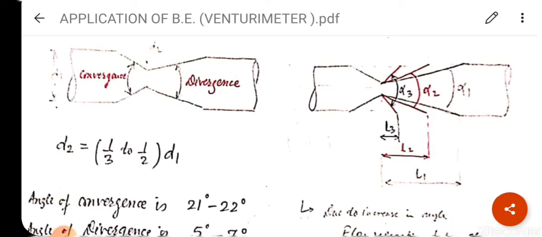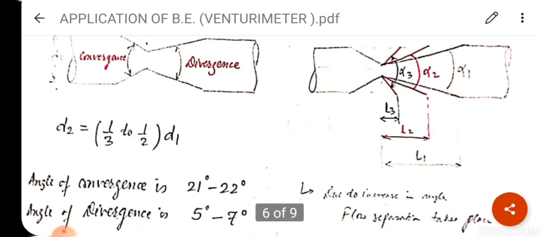Now see the right side diagram. Here I have made three angles, alpha 1, alpha 2, alpha 3, and L1, L2 and L3. So which one is better? In the diverging section, if the angle is less, there will be less loss due to flow separation.